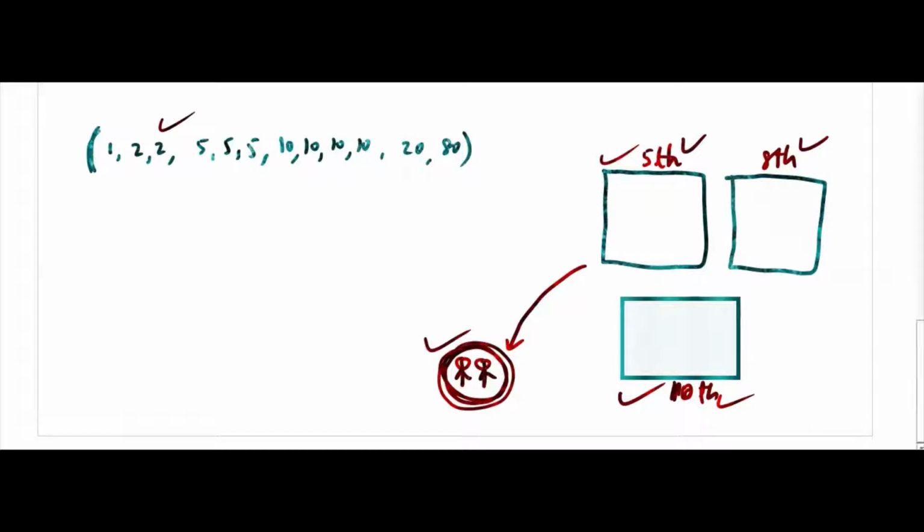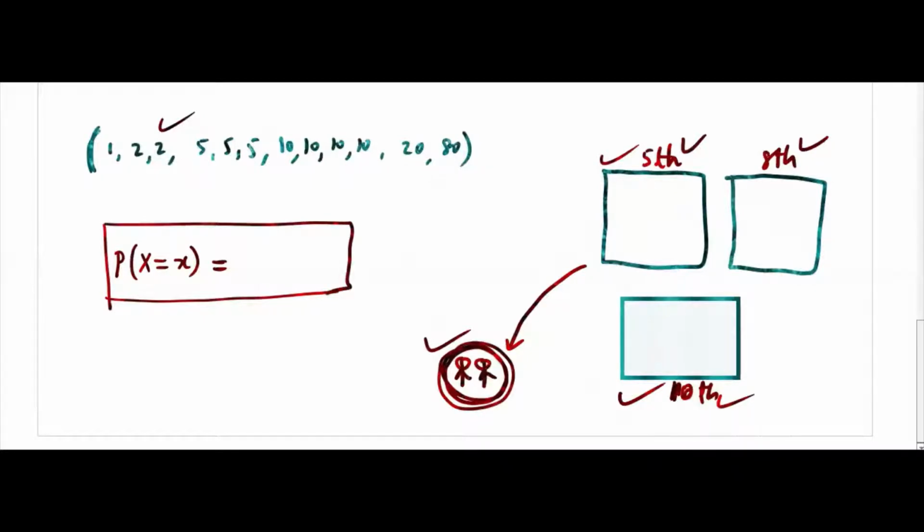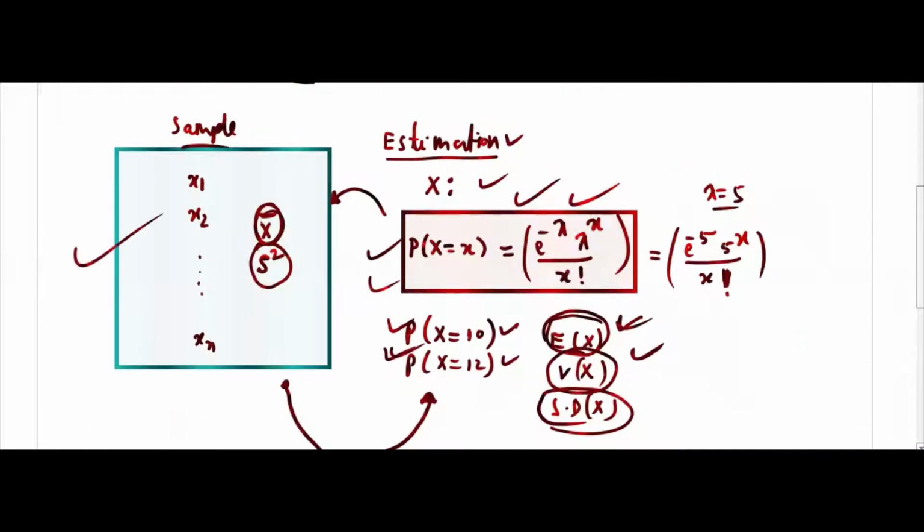In other words, I will give a distribution. Suppose I give you this distribution and I say, find a sample from this. So you are not going from sample to population. Remember, here what we did was from sample to population.